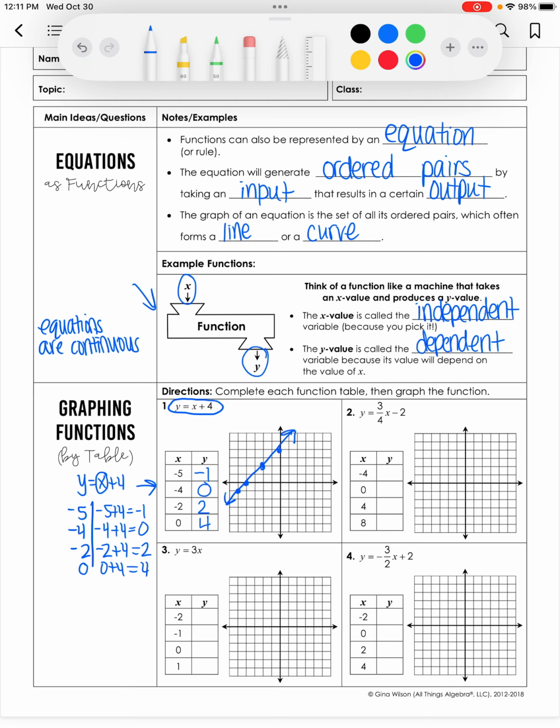What you would do here in this case is do -4 times 3/4 first, and -4 times 3/4 is going to give you -3, and -3 minus 2 gives you -5. 3/4 times 0, that's 0, and 0 minus 2 is -2. 3/4 times 4, that's 3. 3 minus 2 is 1. 3/4 times 8 is 6, and 6 minus 2 is 4. So here are the ordered pairs we have now.